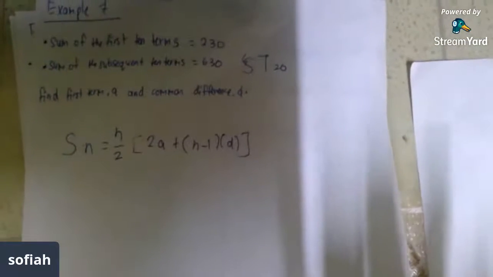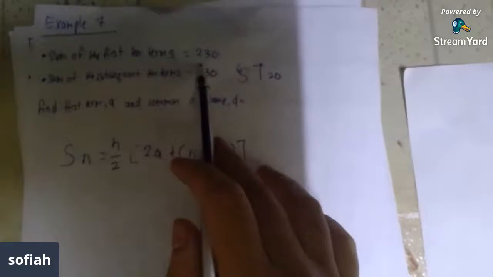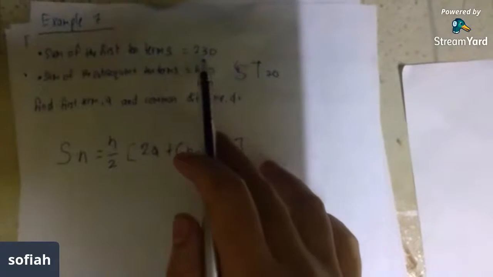So then we know that the sum of the first 10 terms is 230.